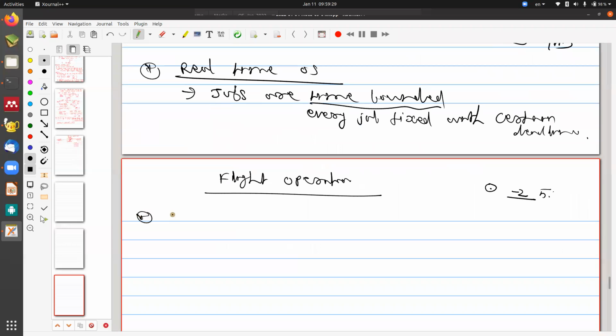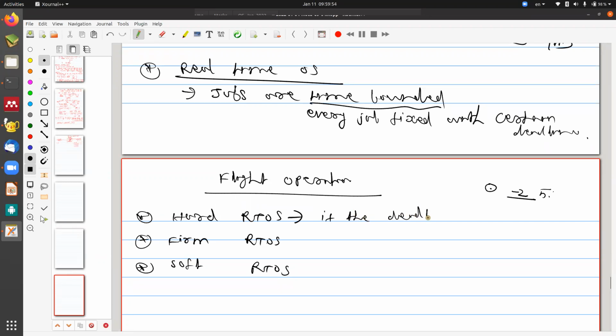One is called the hard RTOS. And another one is called the soft RTOS. Yes, what is hard RTOS? They are saying if the deadline is not met, then the system is going to crash.